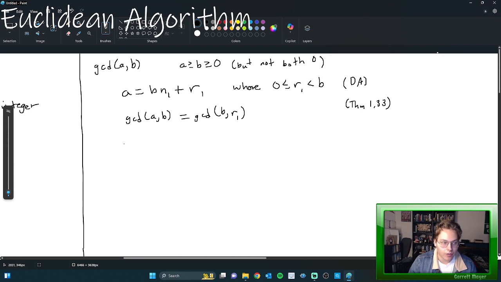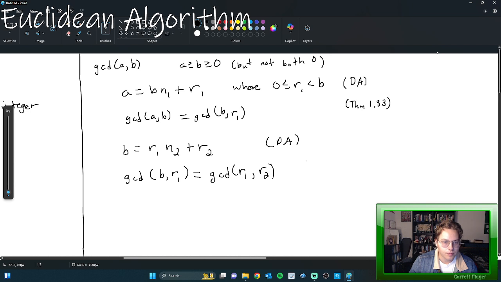So let's just apply the division algorithm again. And this means that the GCD of B and R1 equals the GCD of R1 and R2 by that theorem we just proved.